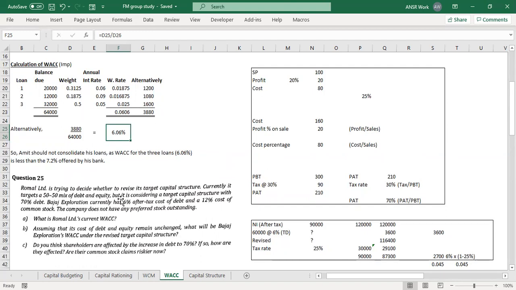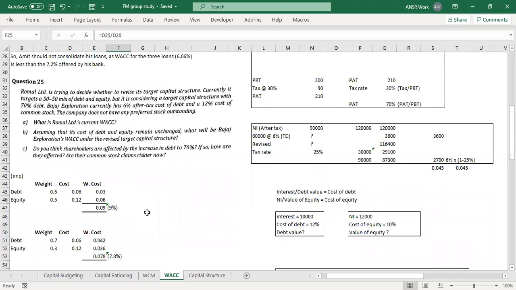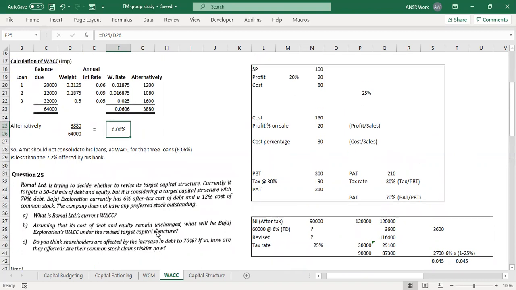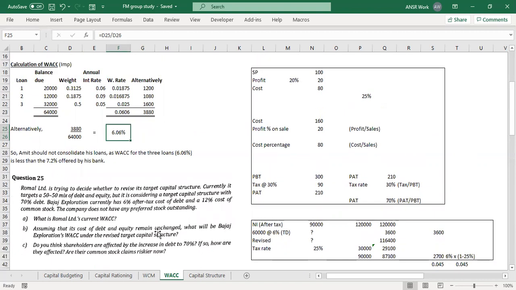You total those two products. How much does it come to? 9%. Perfect.